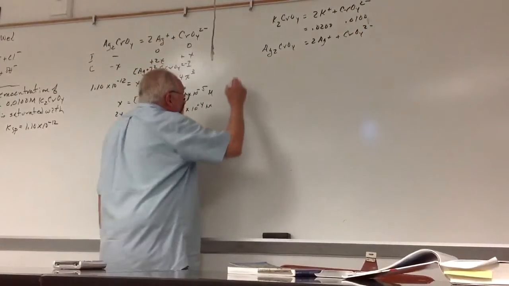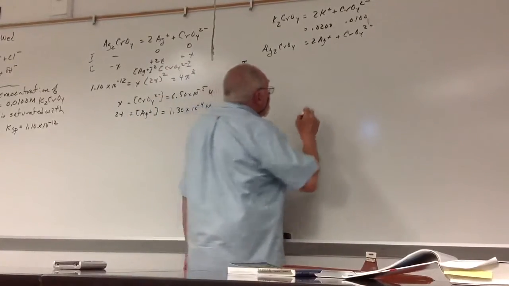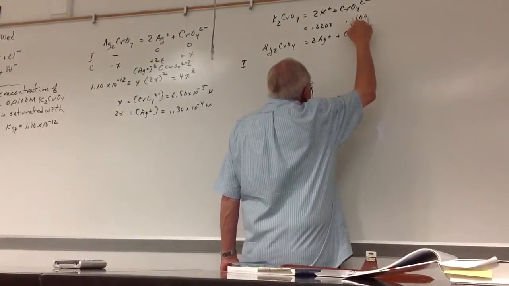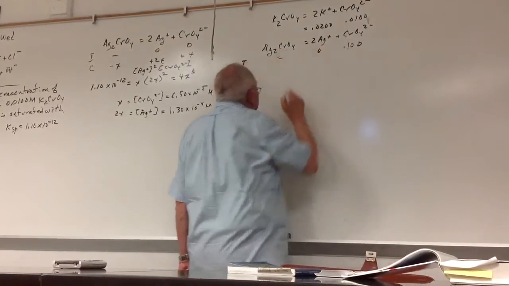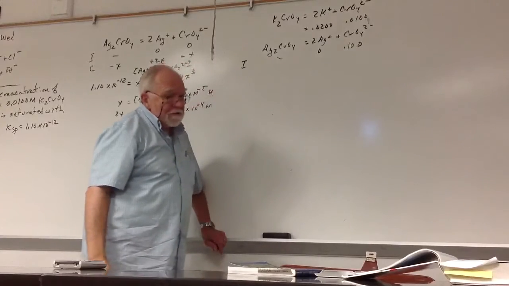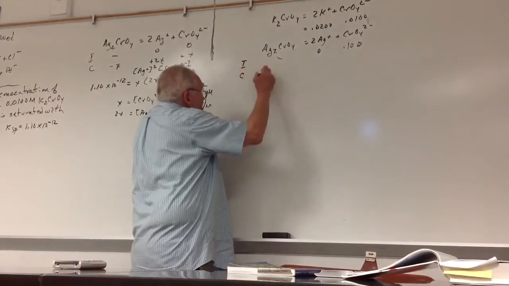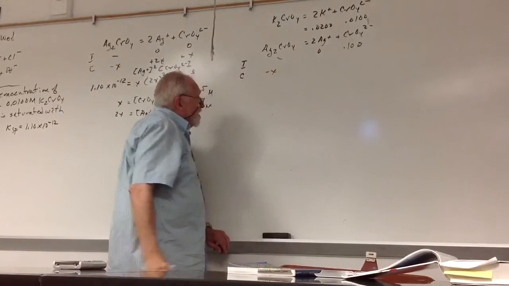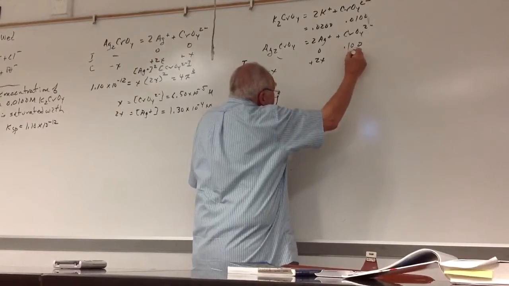And your I column is different because you already have chromate in there. This is still 0, this we don't care about because it's not an equilibrium expression. So what you're going to have is, we'll still call this minus x, this is plus 2x, plus x.